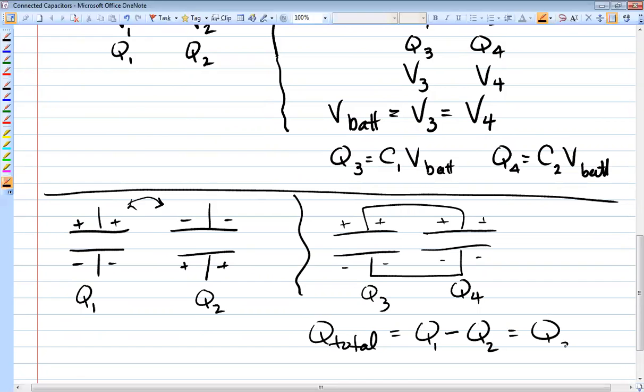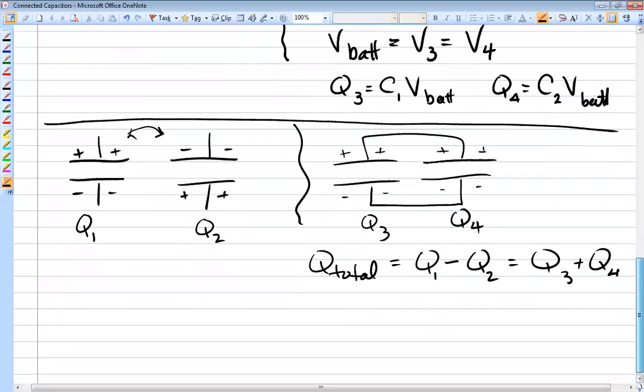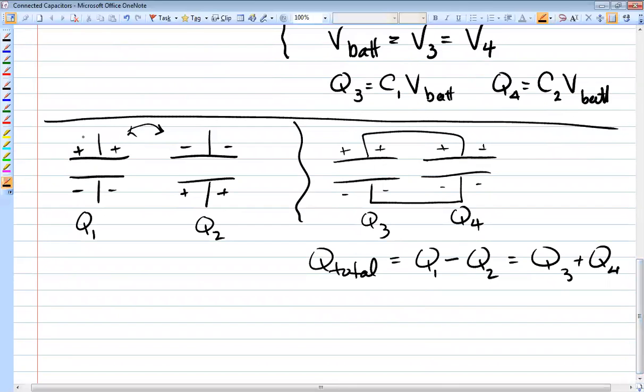That will then be the sum of Q3 and Q4. It will appear as though you've actually lost charge, which is what happens because some of the positive charge on Q1 will negate or cancel out what's on Q2, and what's left over will then be distributed between Q3 and Q4. Okay, so I think that pretty well covers all the scenarios for those kinds of problems.